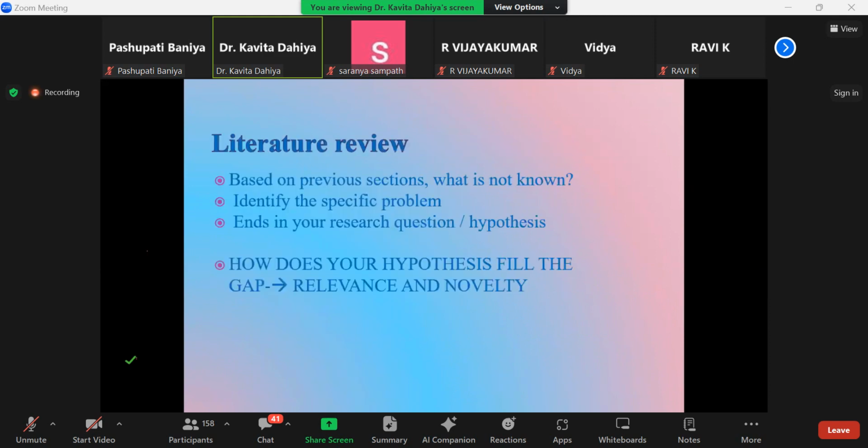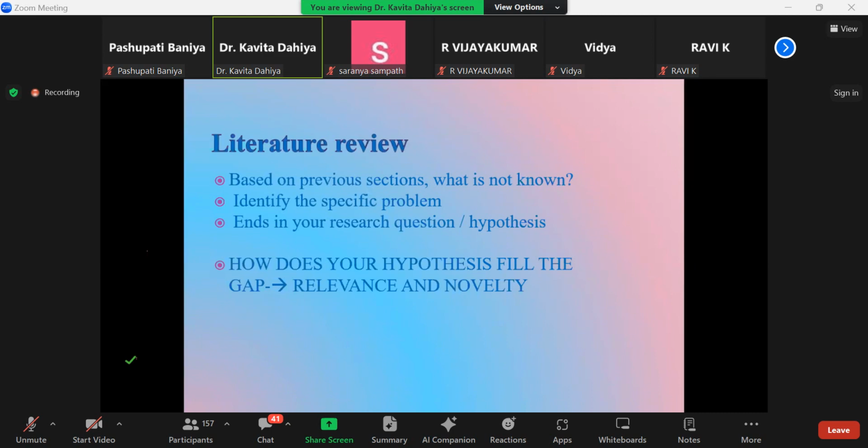This is your topic. So the literature review is based on the previous section, on what is not known. Identify the specific problem and end in your research question, that is the hypothesis. Because this literature review is giving birth to the research gap, and the research gap is giving birth to the problem statement. The problem statement is giving birth to the research objectives, through which we derive the research hypothesis.